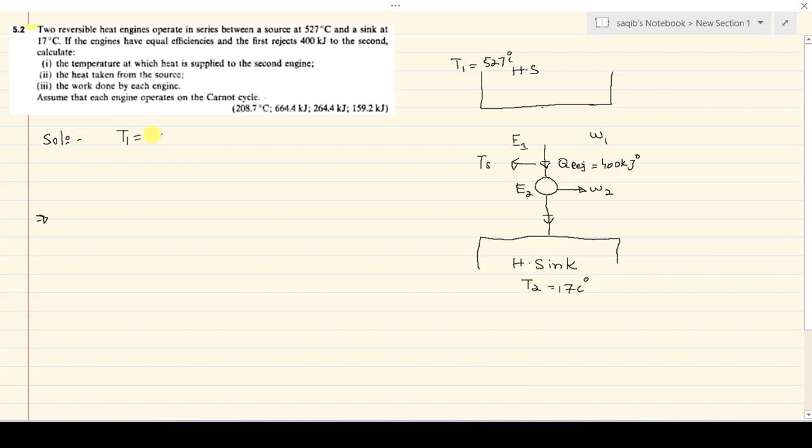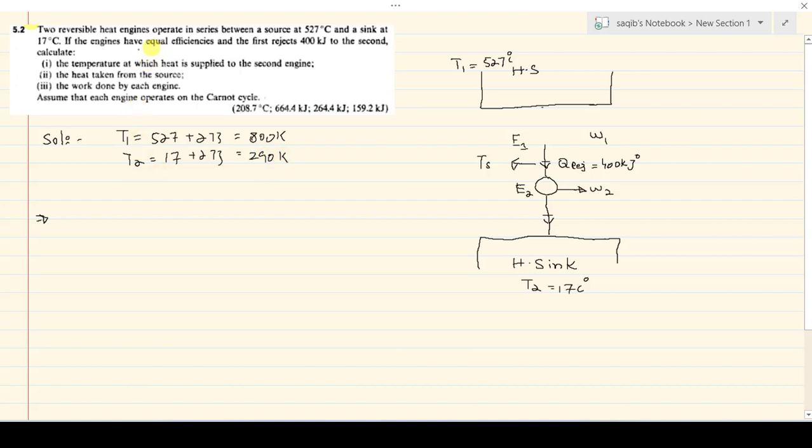T1, that is 527 centigrade, just add 273 to convert that into Kelvin, it will be 800 Kelvin. And T2 is 17 centigrade, add 273 to convert it into Kelvin, so it will be 290 Kelvin.